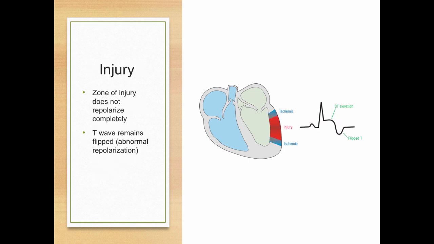We continue on this continuum from ischemia. Now we've got injury. So we've gone beyond ischemia into injury. We're still going to have some zones of ischemia around the zone of injury itself, but the zone of injury is not going to repolarize completely, and that's going to do some funky things to the ST segment and the T wave. So usually in injury, we'll see a flipped T wave and ST segment elevation.